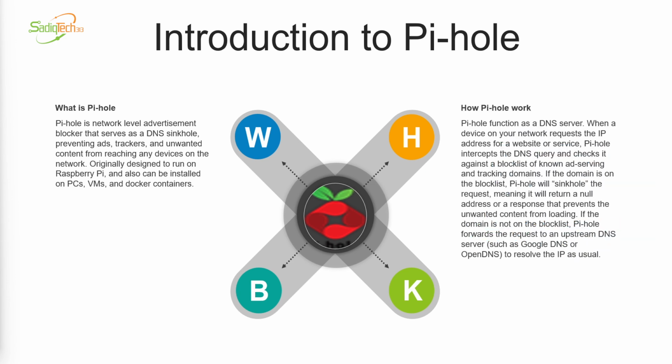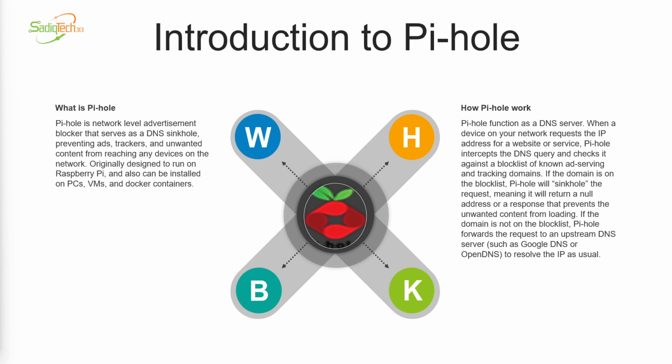How Pi-hole works. Pi-hole functions as a DNS server. When a device on your network requests the IP address for a website or service, first Pi-hole intercepts the DNS query and checks it against a block list of known ad-serving and tracker domains. If the domain is on the block list, Pi-hole will sinkhole the request.